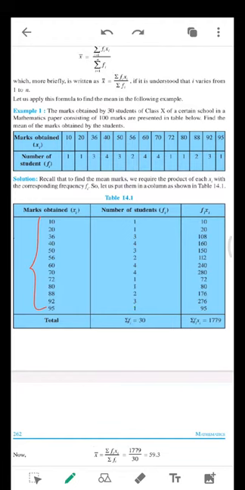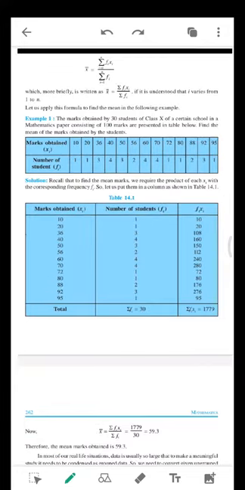So here the data is written, and this is xi and this is the frequency. This horizontal table I have converted into the vertical form. This concept is not new for you. You have done this in ninth class. So here what do we do? First we'll see the formula.